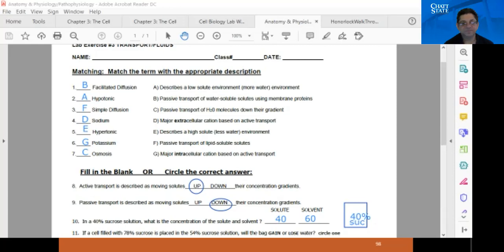More water. If this were an 80% sucrose solution, would there be less water? Yes, because then there would only be 20% water. So right there, you just confirmed that whole opposite logic thing. Where there's more solute, there's less water. Here, there's less solute, therefore there's more water.